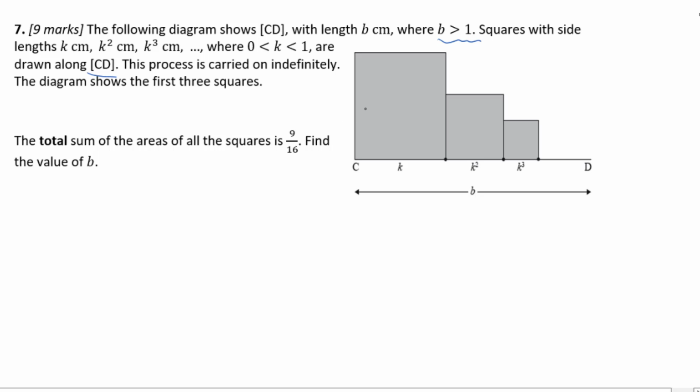Sum of the areas of the squares. This is k squared, this is k to the 4th power, k to the 6th power, and so on. So the sum equals k squared plus k to the 4th power plus k to the 6th power, and it keeps going.